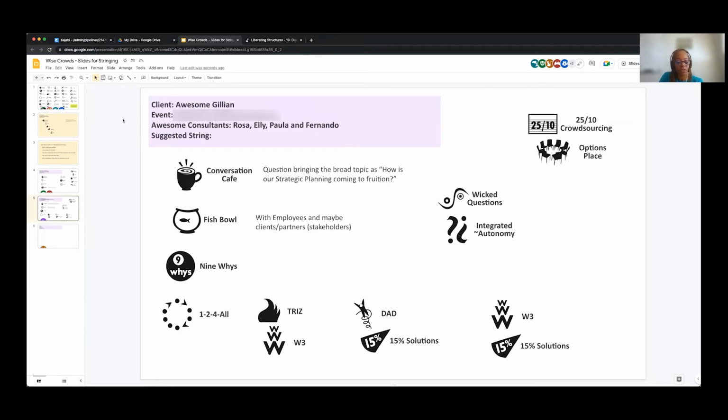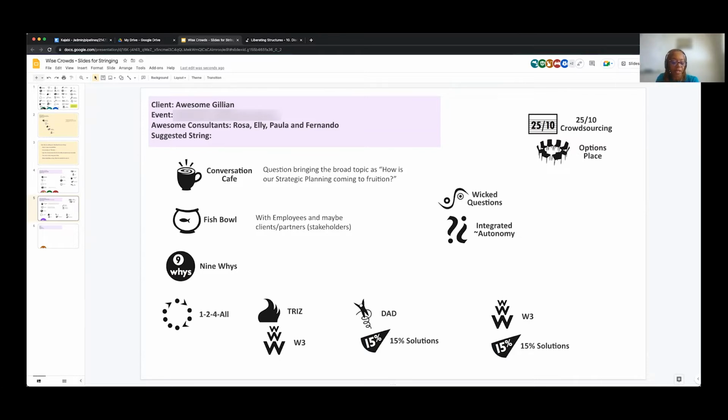And then we do a series of other activities after they have started to answer the questions. 9 Whys is a possibility. 1-2-4-All is always a good safe bet after you've actually started to gather information.